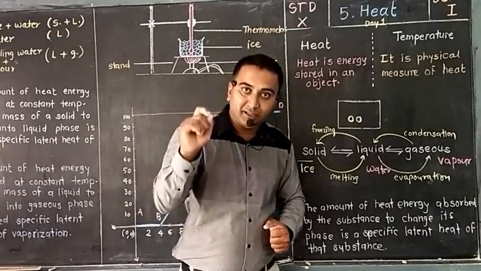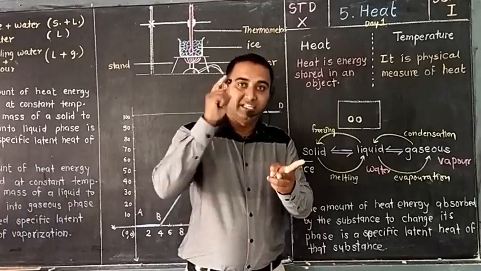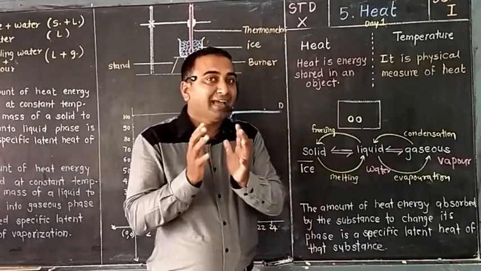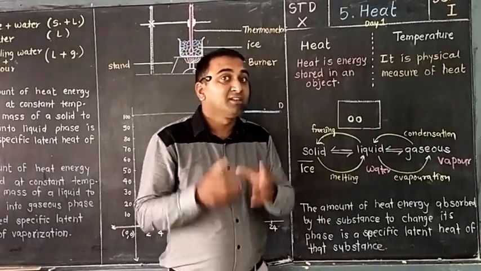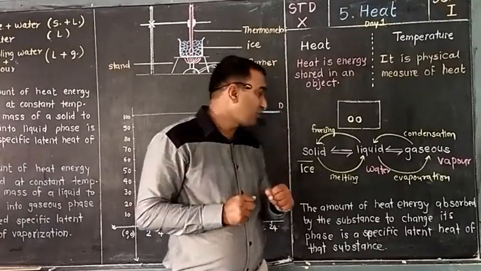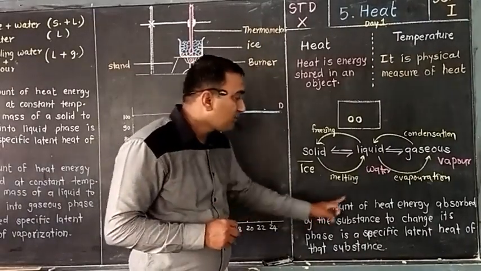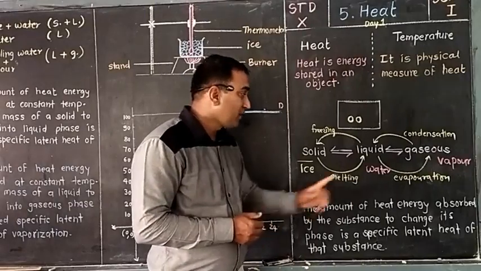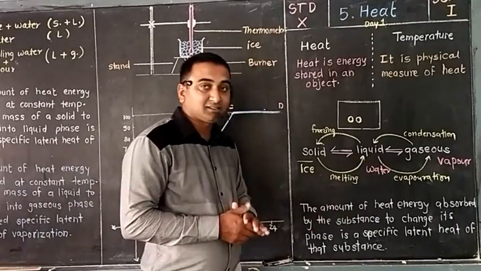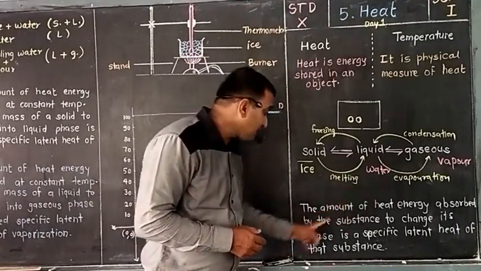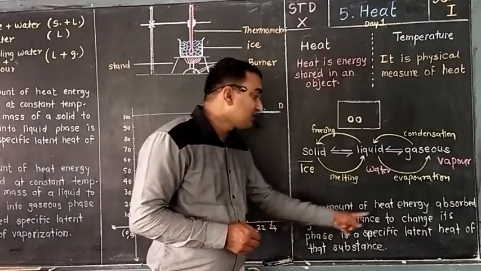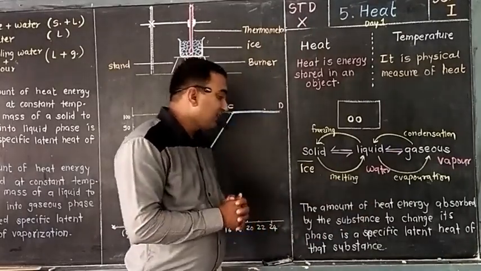And that amount of energy is nothing but what? Specific latent heat. So what is specific latent heat? The amount of heat energy absorbed by the substance to change its phase is the specific latent heat of that substance.